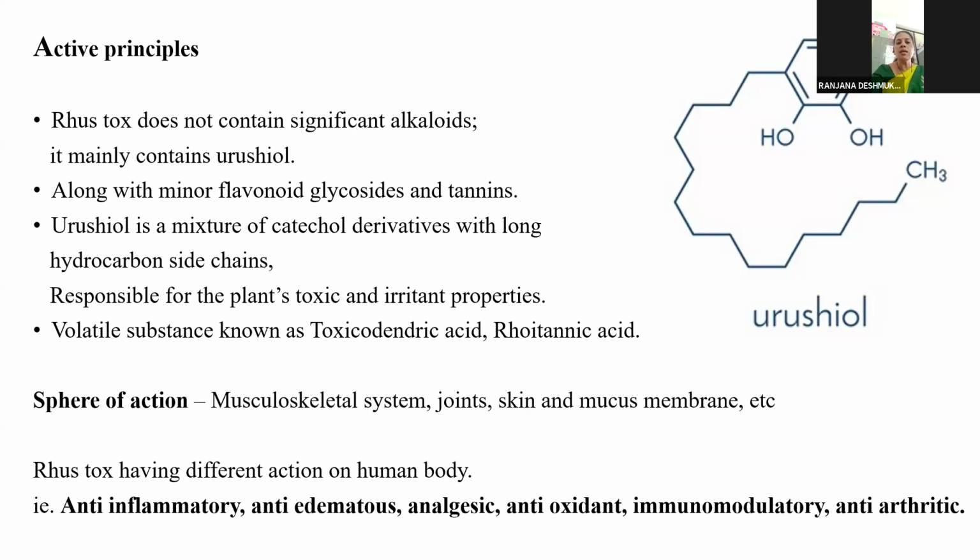If we go to see the action of Rhus Tox on different parts, that is, the sphere of action, it is seen on the musculoskeletal system, the joints, skin, mucous membranes, and even in cases of fevers we administer Rhus Tox. Rhus Tox has different actions on the human organism, like anti-inflammatory, anti-edematous, analgesic, antioxidant, immunomodulatory, and anti-arthritic actions.